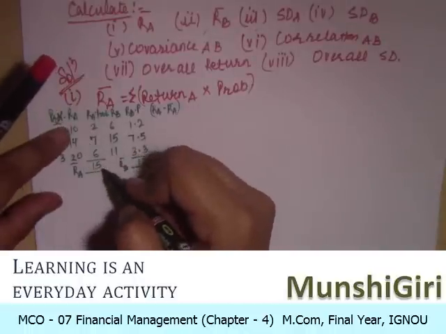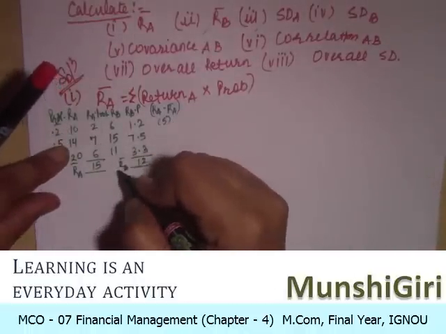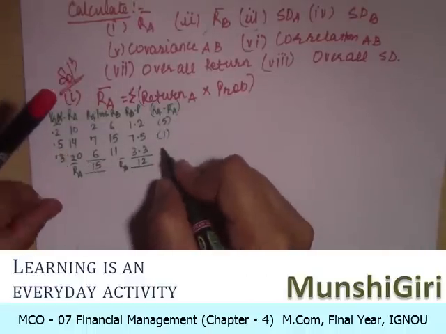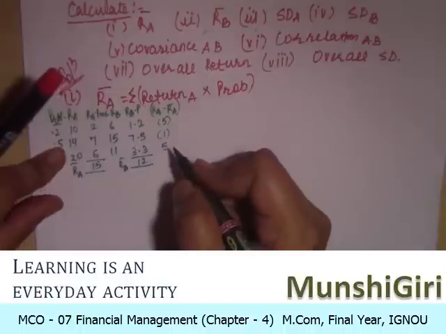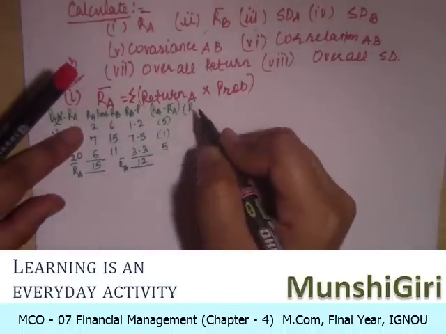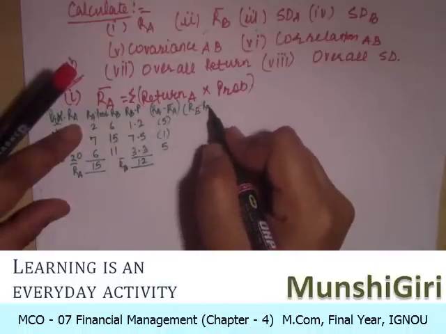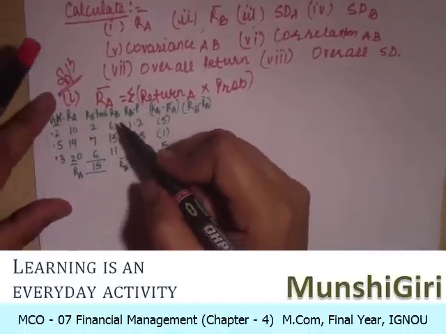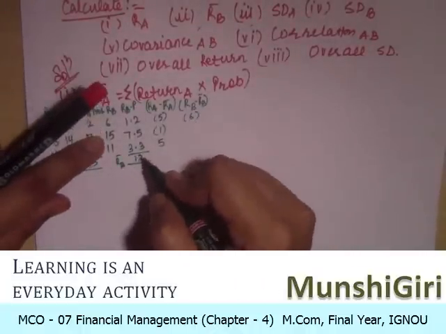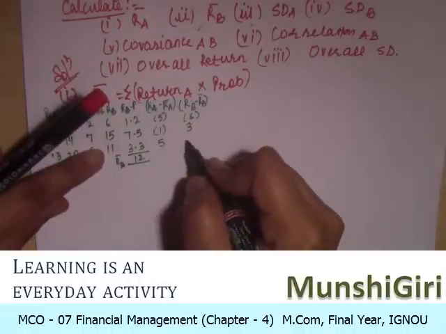RA is 10, RA hash is 15, so this is minus 5. 14 minus 15 is minus 1 and 20 minus 15 is 5. Let's calculate for B also first, and then we'll square both these components. RB minus RB hash: RB is 6 and this is 6 minus 12, which is minus 6. 15 minus 12 is 3 and 11 minus 12 is minus 1.